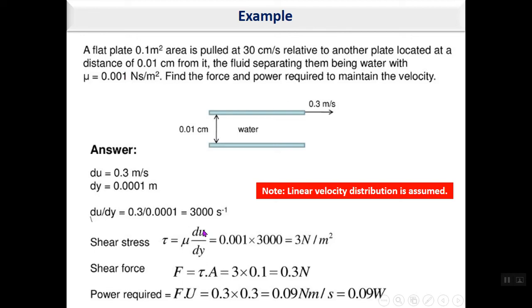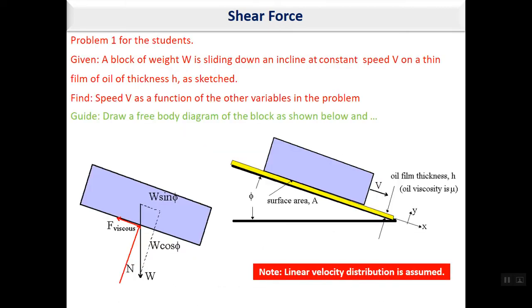And du over dy is again equal to u over the distance. Why? Because we are assuming a linear velocity distribution because of the small distance between the plates. So you can calculate tau and then multiply by area, you will get F. Multiplying F by u, you will get the power required to move the plate.